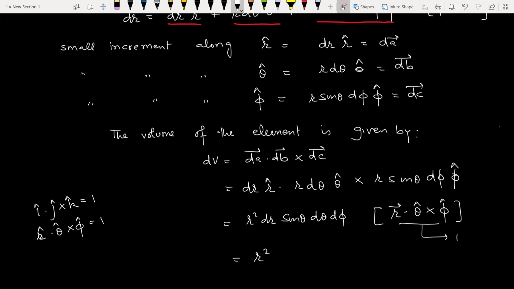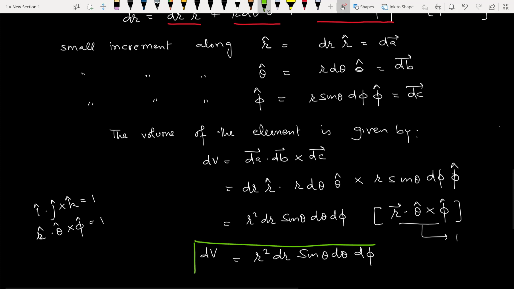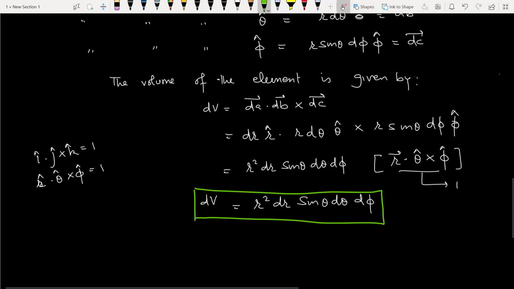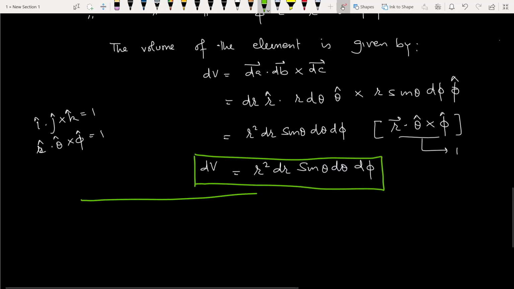So it is r square dr sin theta d theta d phi. This is the volume element formed by the vectors along r cap, theta cap, phi cap. So this completes the second part.